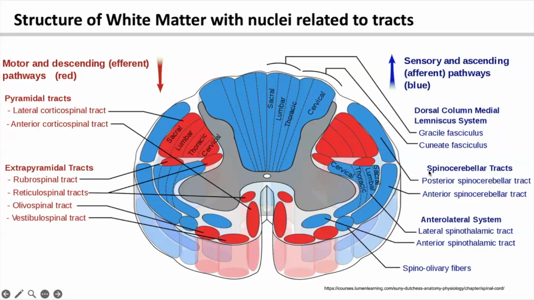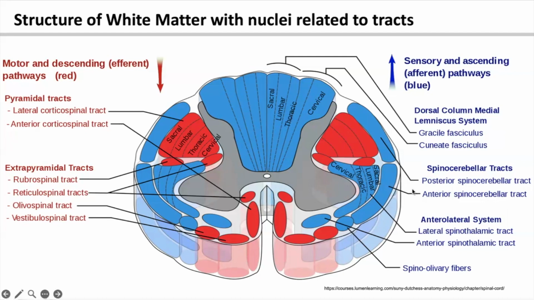Then the last is the spinocerebellar tract. It is for unconscious proprioception. The posterior spinocerebellar tract receives information from the lower limb and trunk, and the anterior part receives it from the upper limb, and it's double crossed. One crossing takes place in the spinal cord, one takes place in the cerebellum.